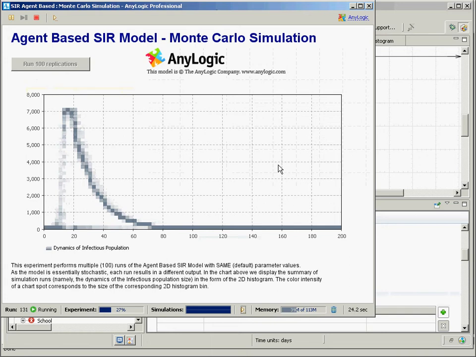So at a certain time, in this case, this first box after time 40 is between time 40 and 42, I believe. And what this is saying is that for that time 40 to 42, there's a large number of different realizations which exhibited between 1,400 and 1,600 infected individuals at that time.